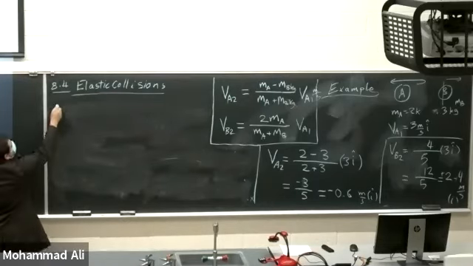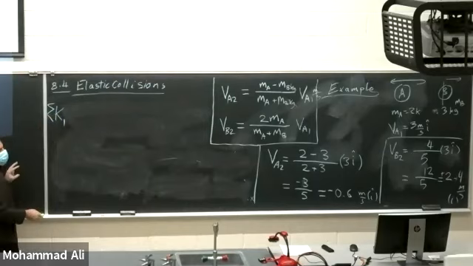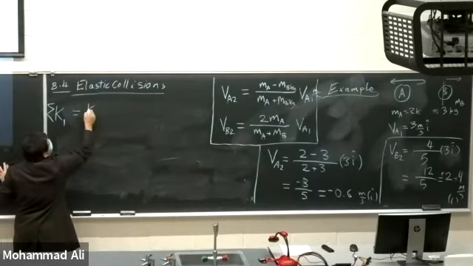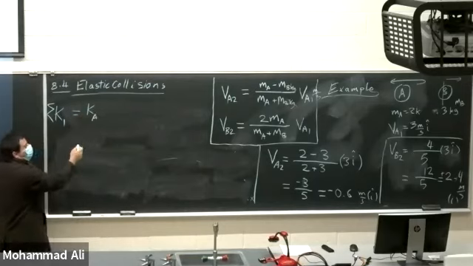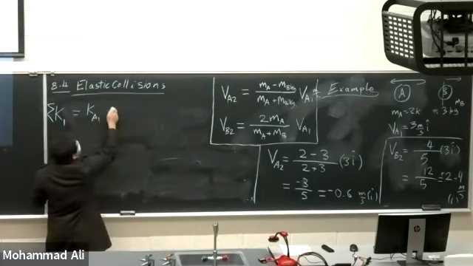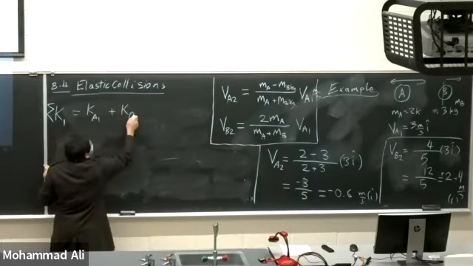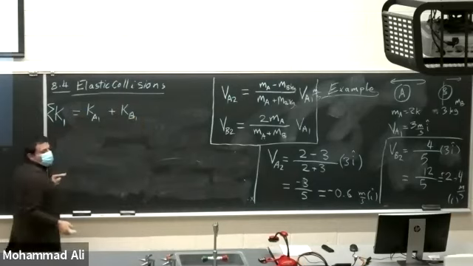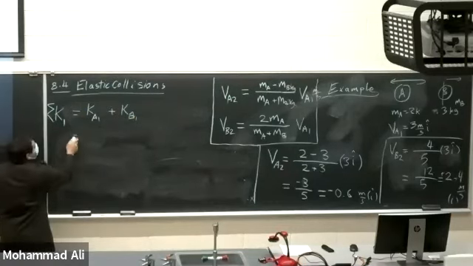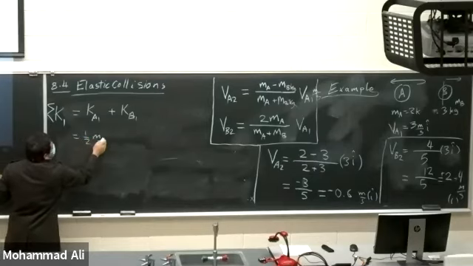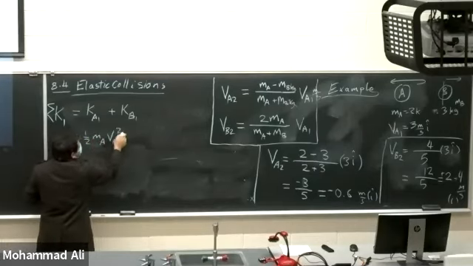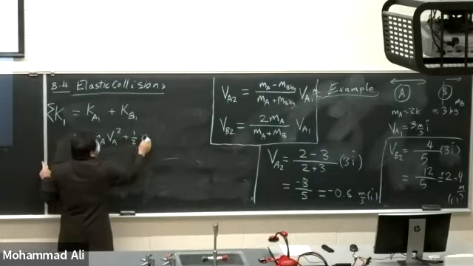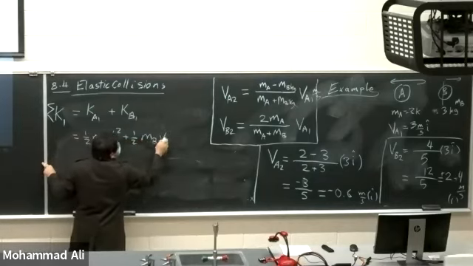Okay, kinetic energy before the collision. We can put the summation, the total kinetic energy. It is equal to the kinetic energy for the body A before the collision, plus the kinetic energy for the body B before the collision, which is equal to 1/2 MA VA squared plus 1/2 MB VB squared.